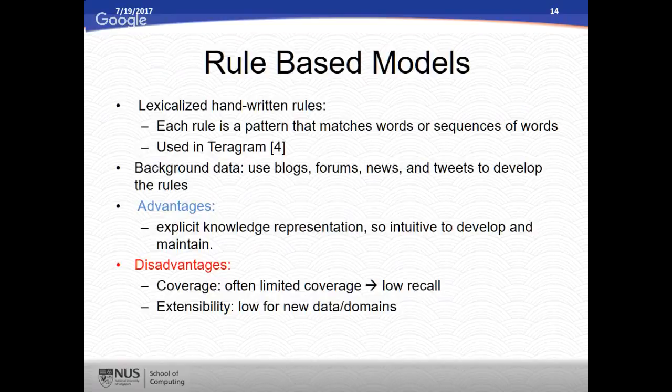The main advantage is that it gives you explicit knowledge about what you call positive and what you call negative. But the obvious disadvantage is that the coverage could be very low. In that task the recall was very low because it was not covering most of what was there, and it has very poor extensibility to new data domains.